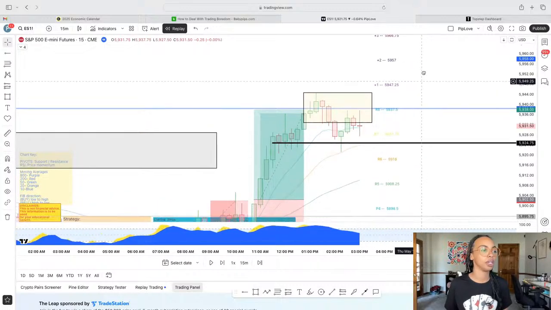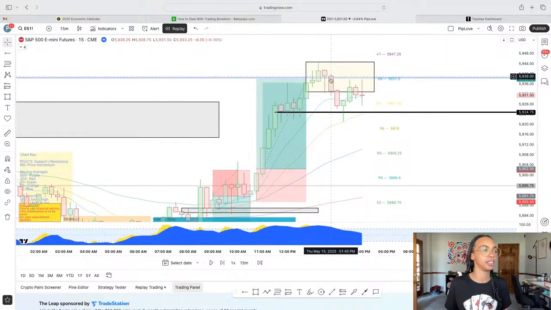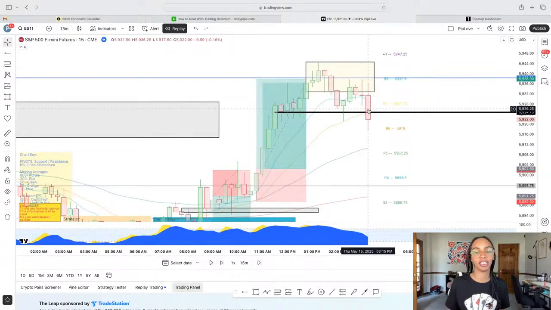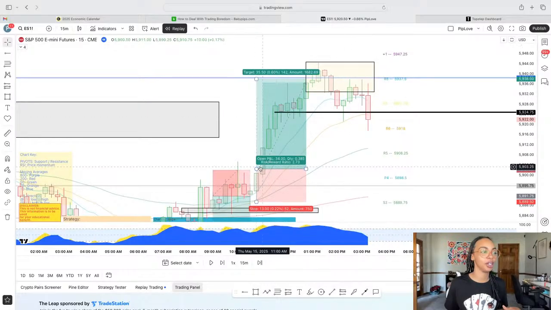So right now, when we zoom out here, we can see price still not making that lower low, not making a higher high. And remember, y'all, it's 3:15. The futures markets close at around 4. So this would have been our best trade.